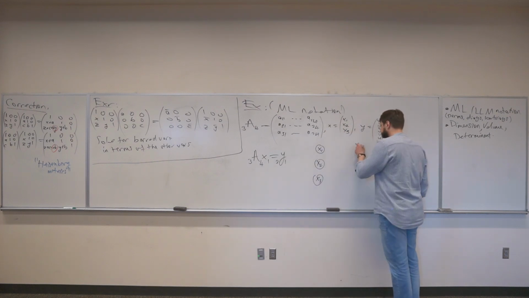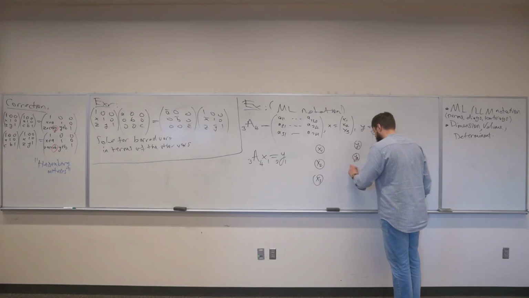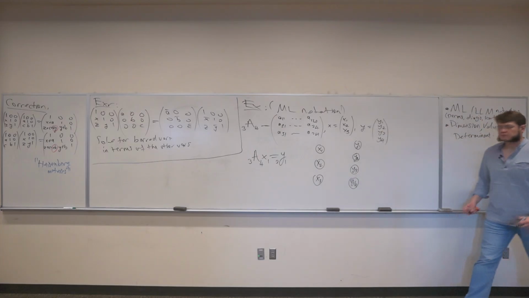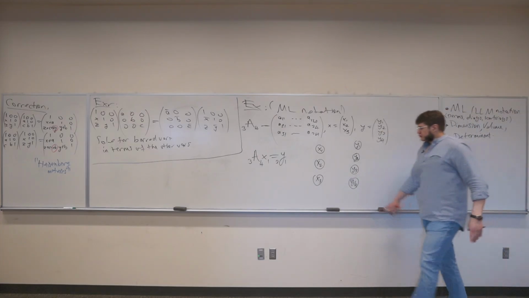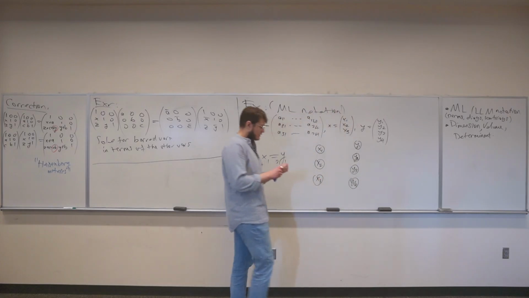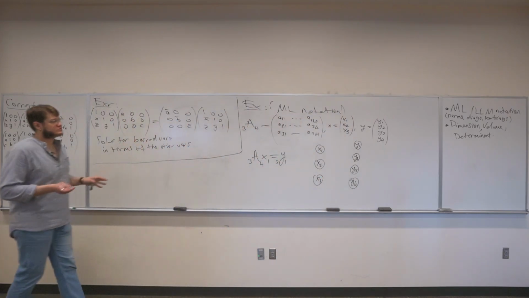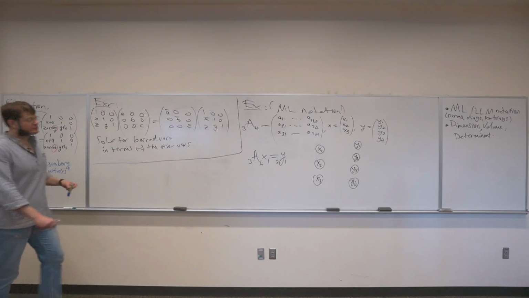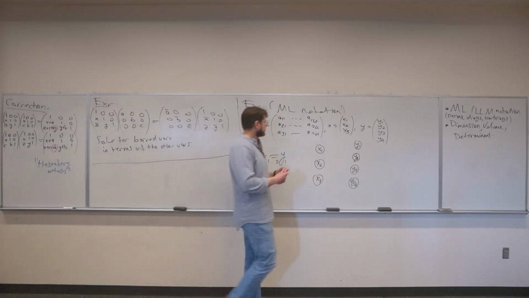Okay, and then y2, y3, y4, okay? So this is the input layer, and this is the output layer. Again, I'm just looking at a very simple situation. In practice, things are more complicated. Now, how do you represent A? That is the more important part.